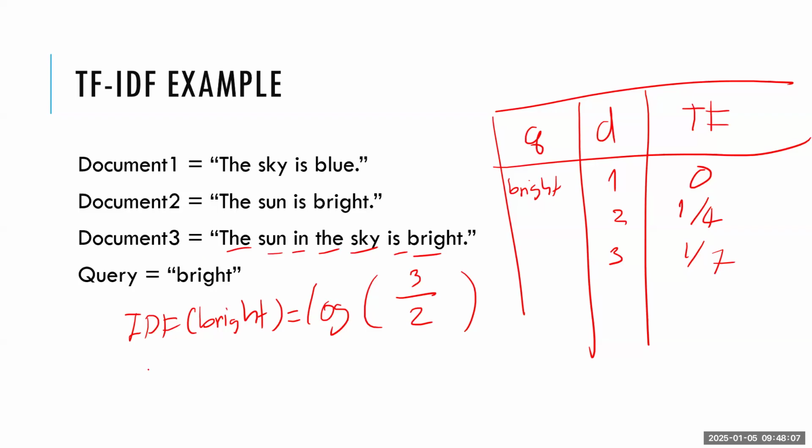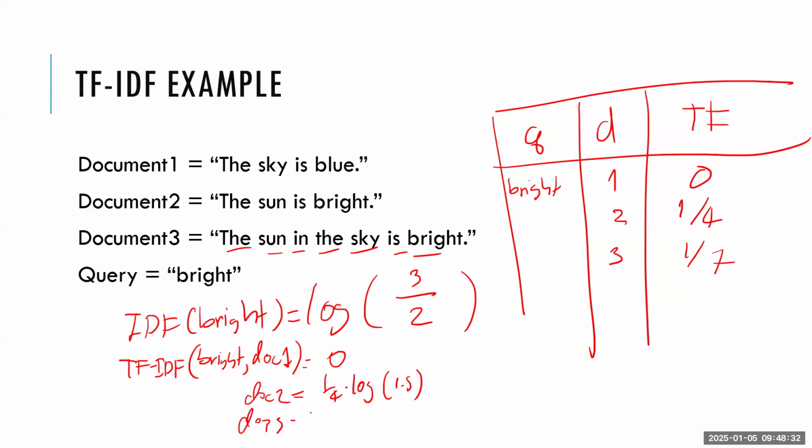So the TF-IDF for bright and document 1 is going to be 0. For document 2, it's going to be 1 over 4 times log 1.5. And for document 3, you will get 1 over 7 times log 1.5. So which one has the highest score?